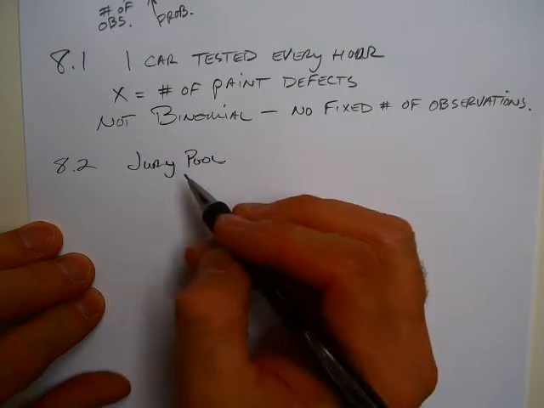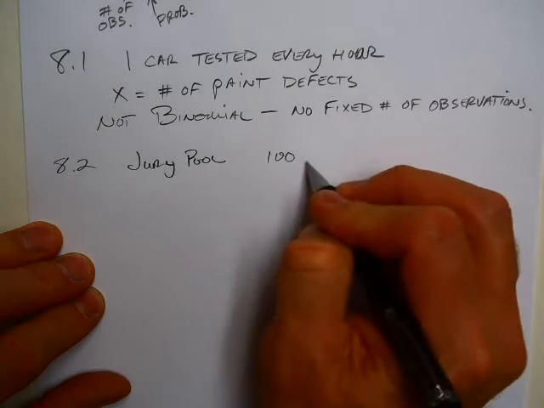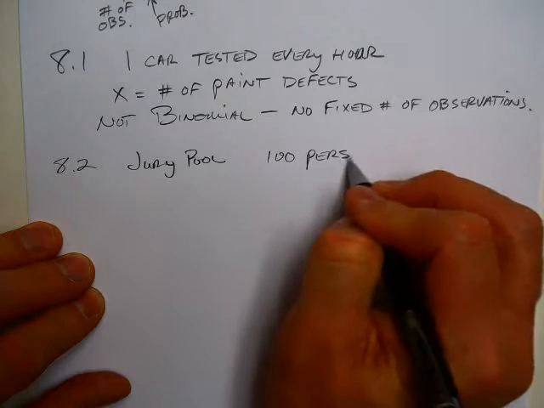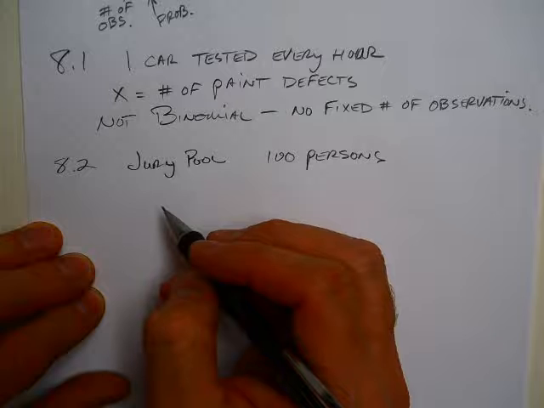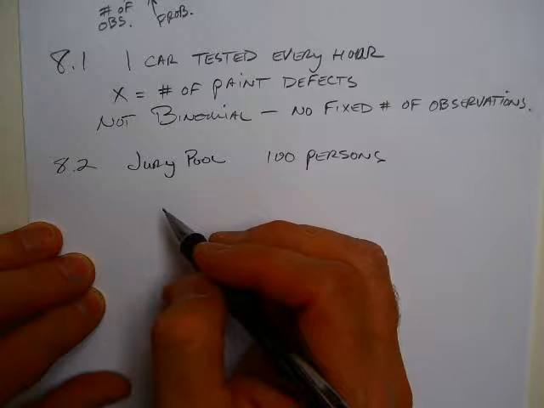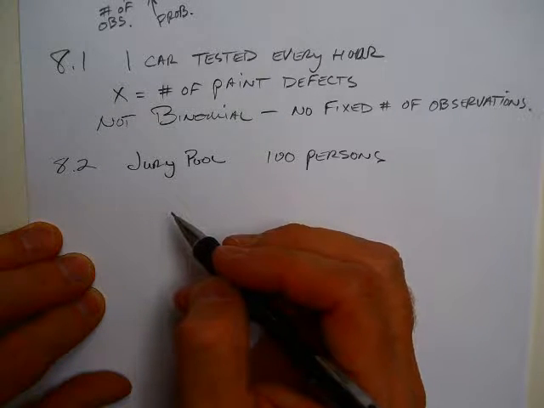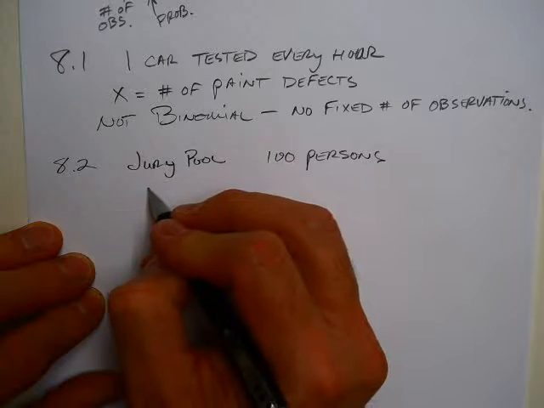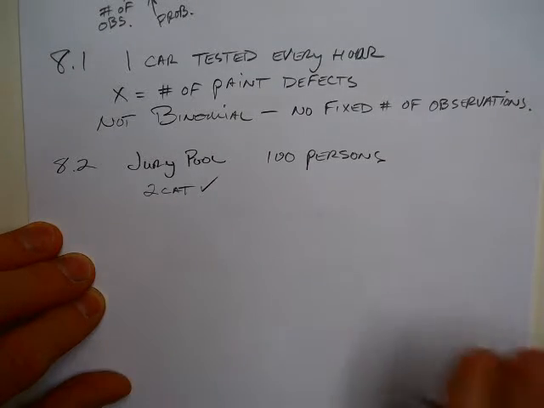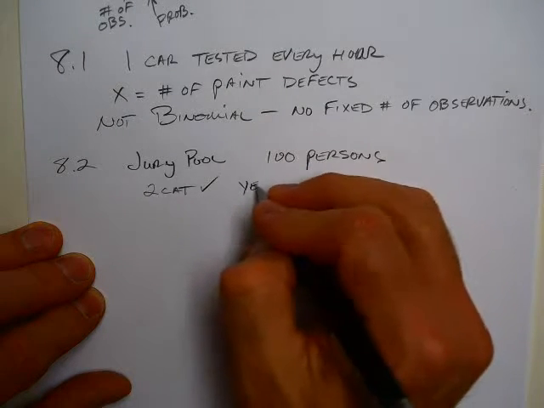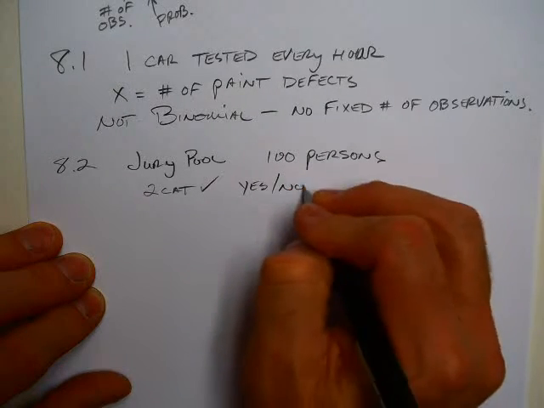Okay, let's see. We've got 100 persons. Do we have two categories? Yeah, whether they oppose or don't oppose the death penalty. So two categories. Yes, no, death penalty.